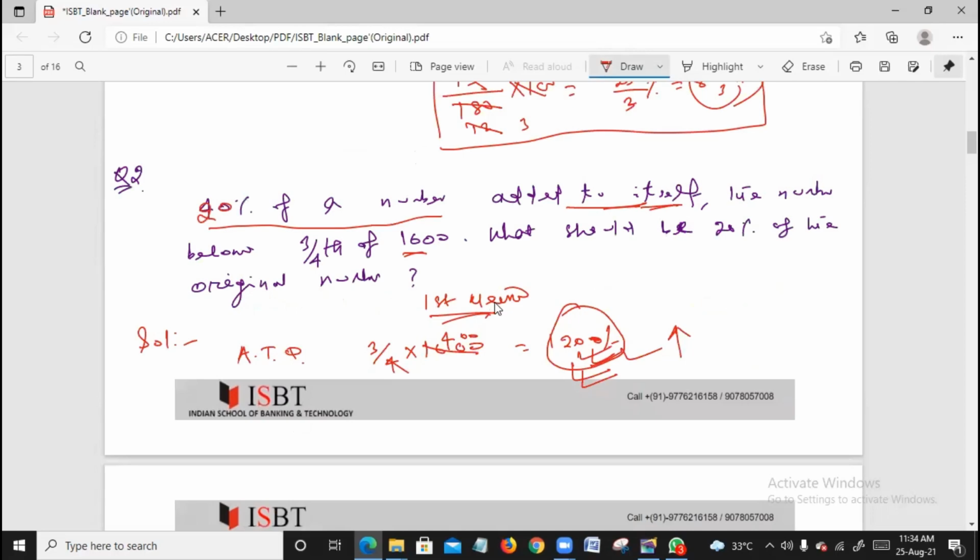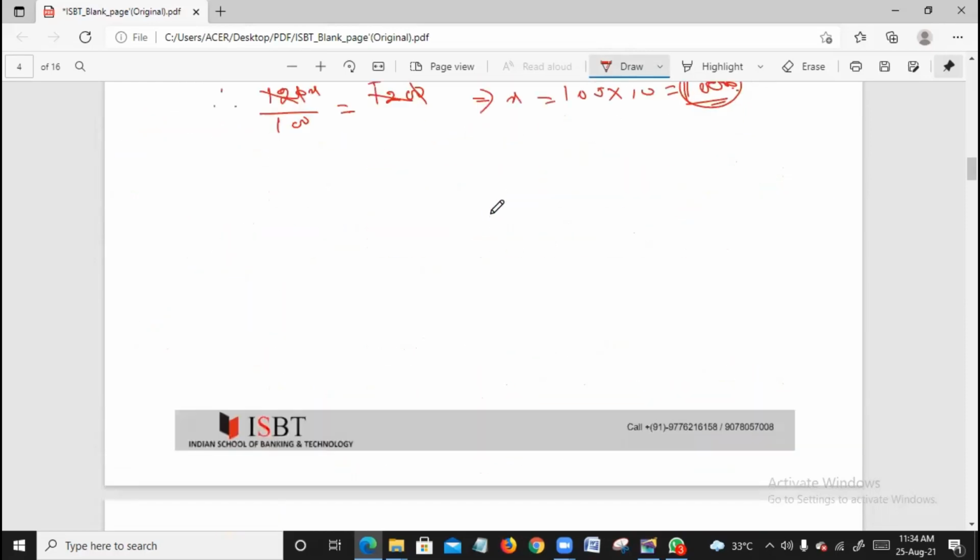What does the question ask? What should be the 20% of the original number? Now the question is 20%. So 20% of the original number is equal to 200. Okay, our answer is 200. Can you understand?